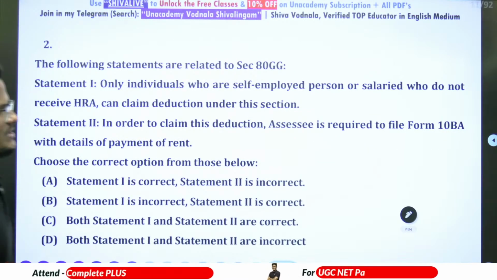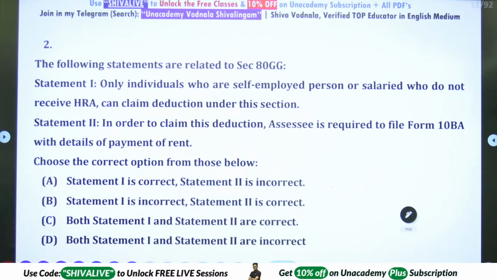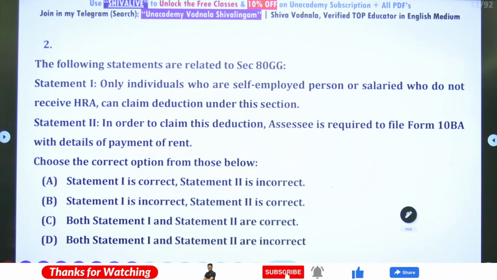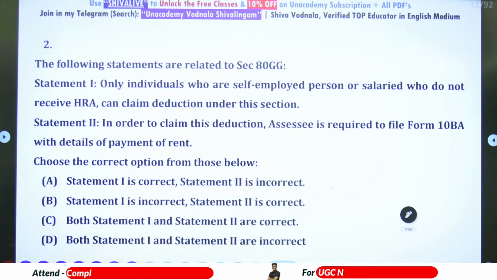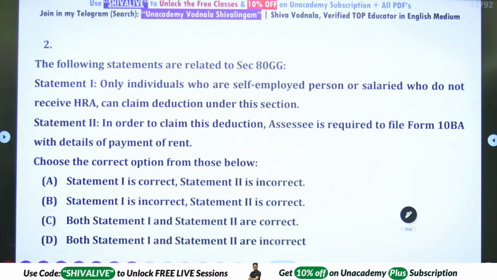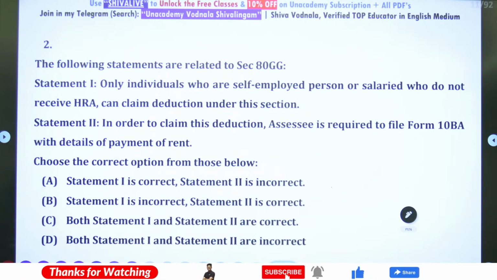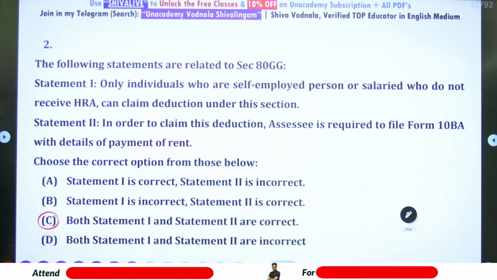Which of the following are related to section 80GG? Option C is the given answer. Why C? Both the statements are correct.